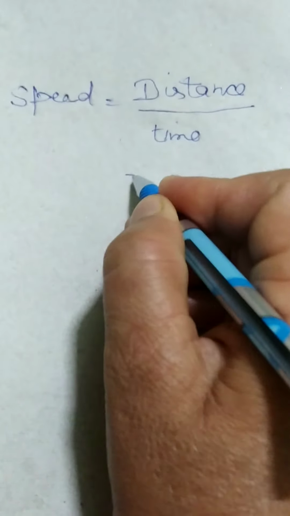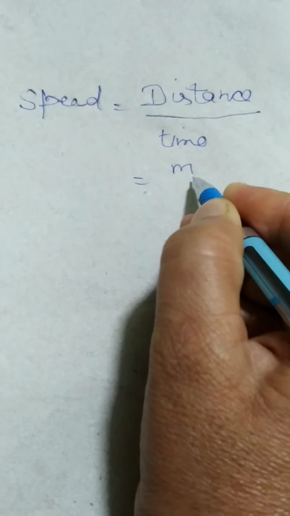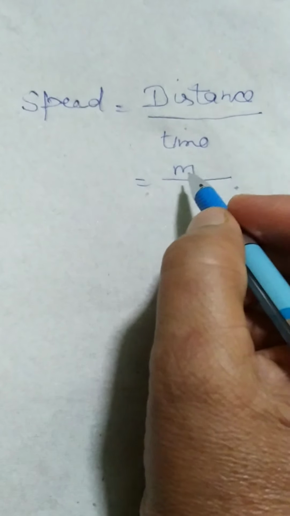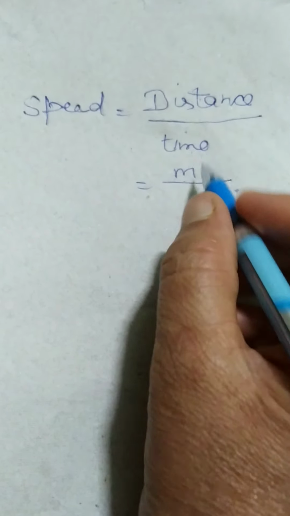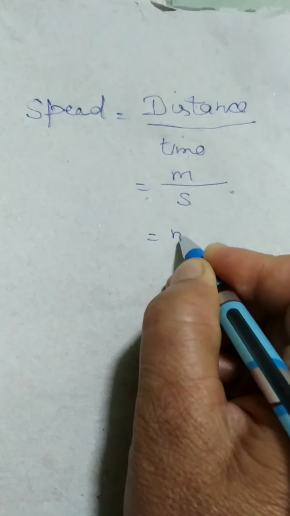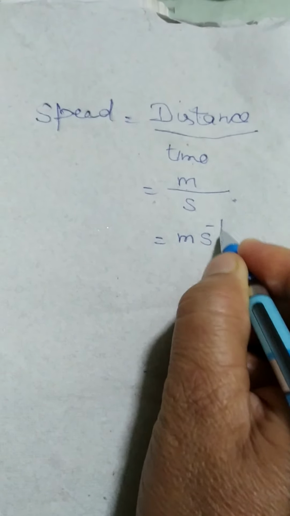Now, what are the units for distance? Distance is measured in meters, kilometers, and the standard unit for distance is the meter, and for time, seconds. Then the unit for speed is meter per second.